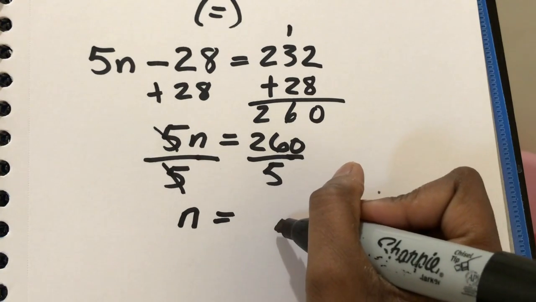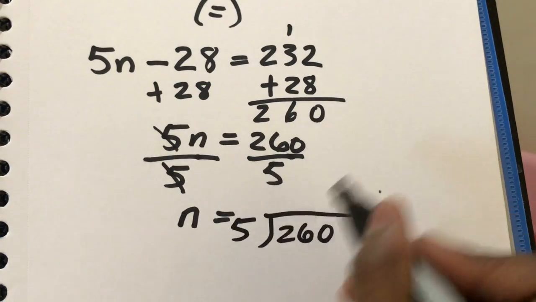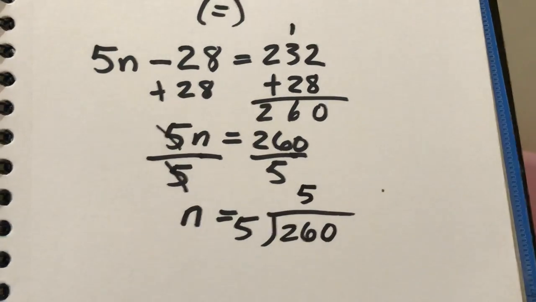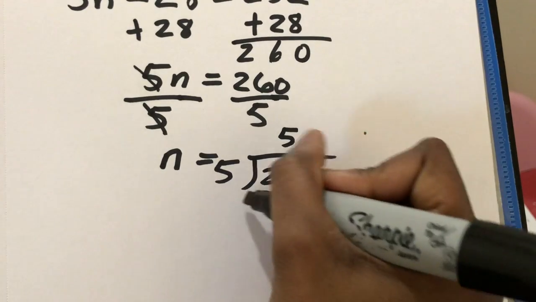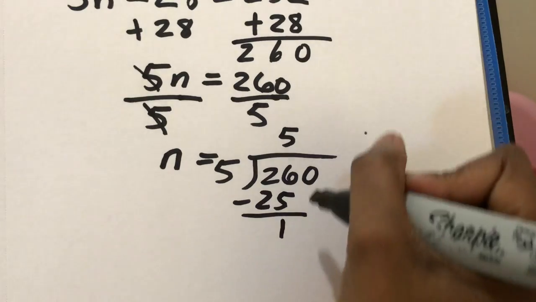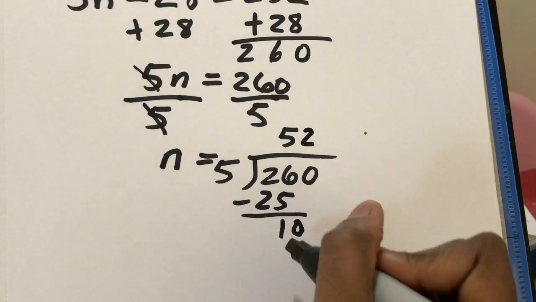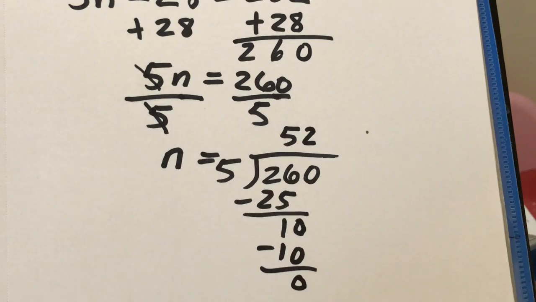Let's compute that. 5 goes into 26 5 times. 5 times 5 is 25. We put 25 here. 26 minus 25 is 1. Bring down your 0. 5 goes into 10 2 times. 10 minus 10 is 0, so we're done there. 52. So n equals 52.